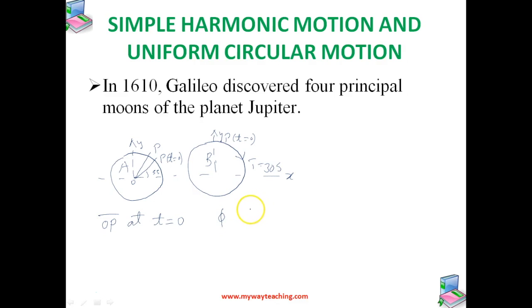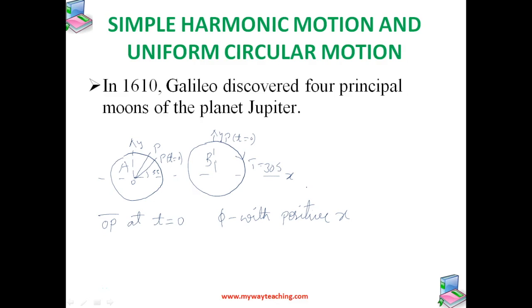So it makes an angle phi with the positive x-axis. And it covers a further angle omega t, and its position vector will make an angle of omega t plus phi with the positive x-axis. So next you just consider the projection of the position vector OP on the x-axis. This will be OP dash.